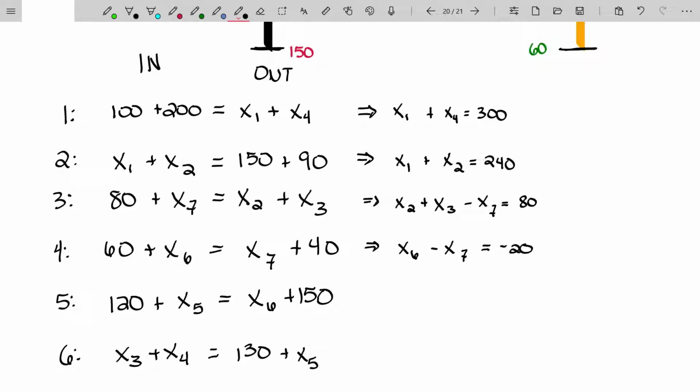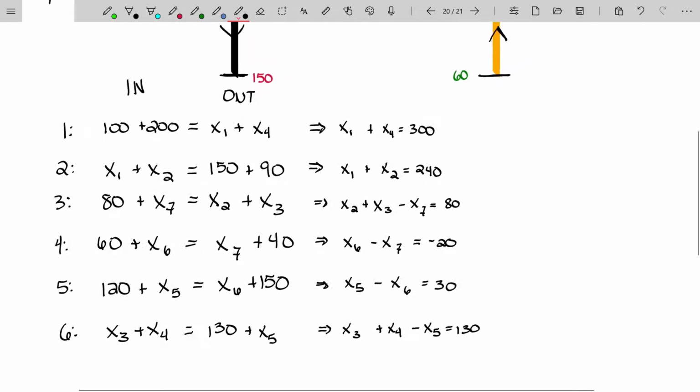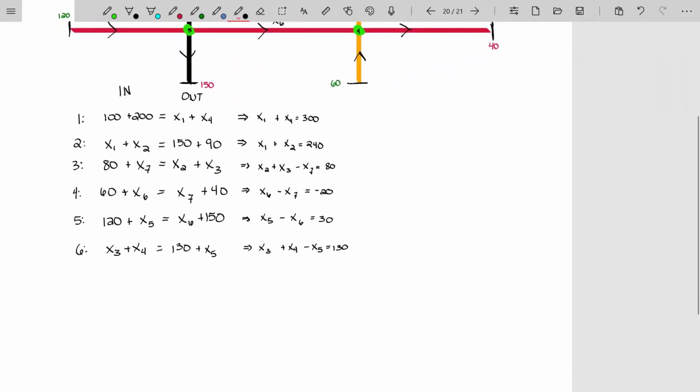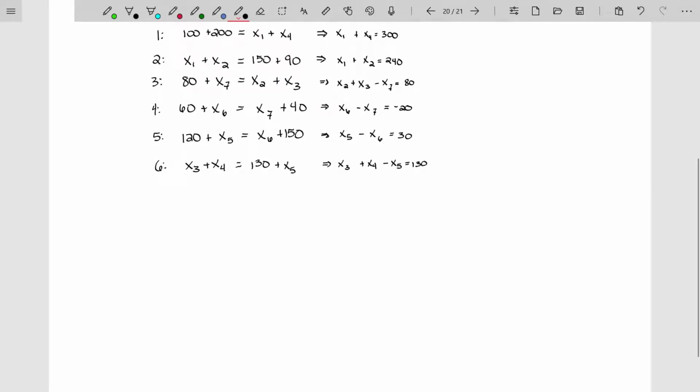So I just moved things around there. Next one, I will get x5 minus x6 is equal to 30. And finally, I get x sub 3 plus x sub 4 minus x sub 5 is equal to 130.